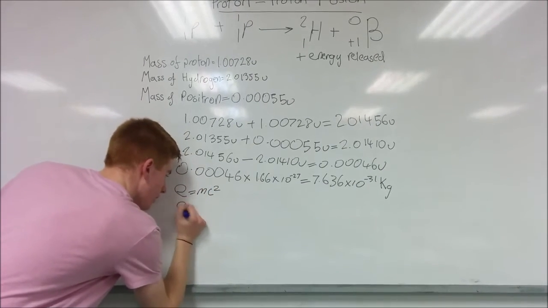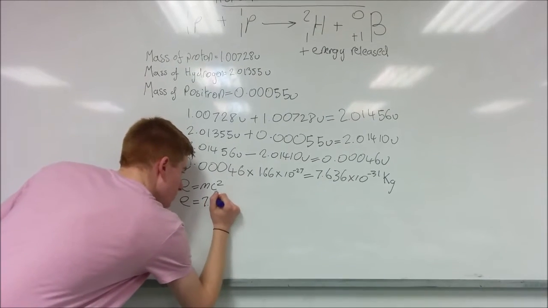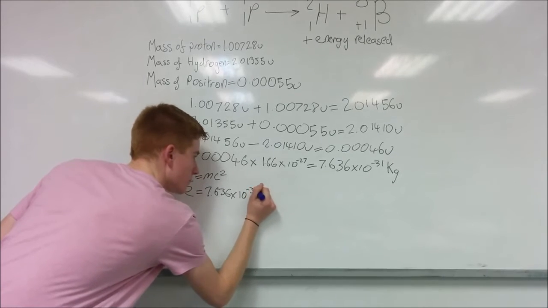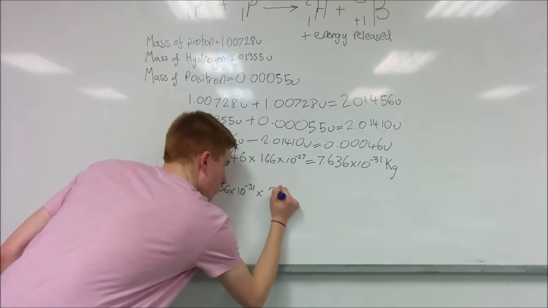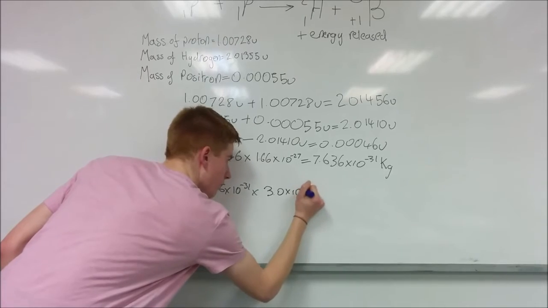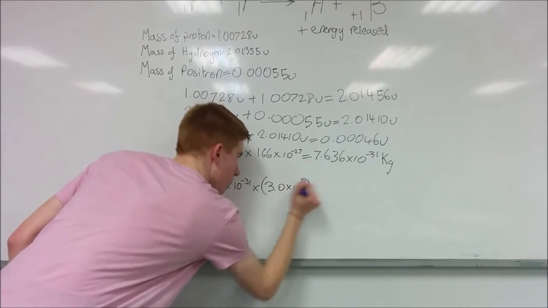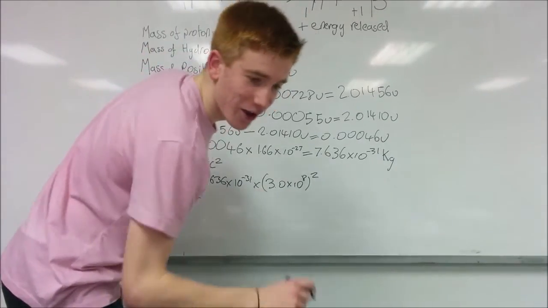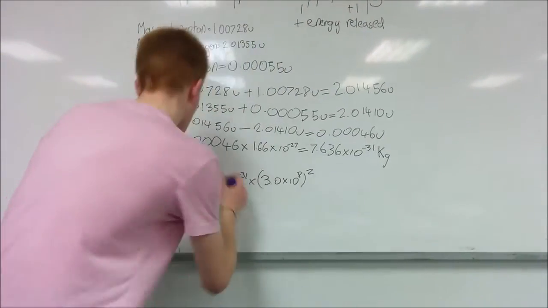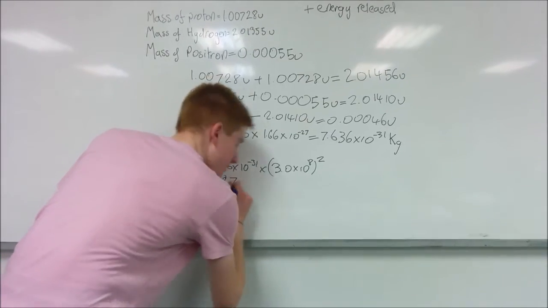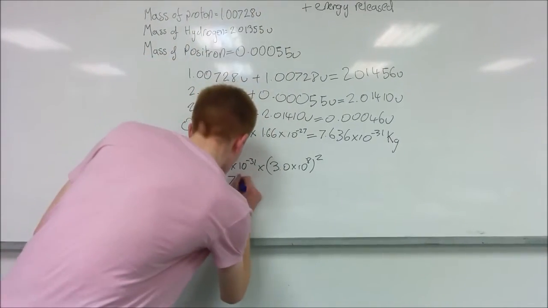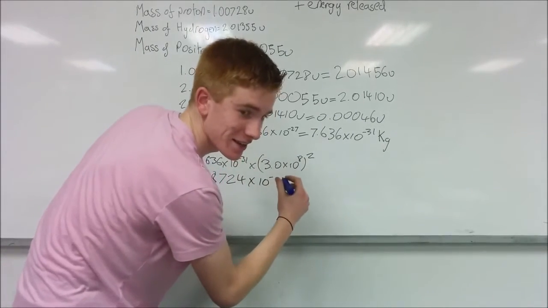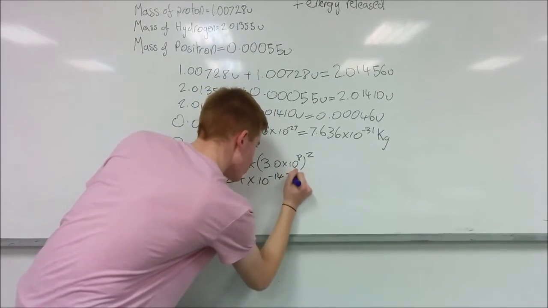So we do E equals 7.636 times 10 to the minus 31 times the speed of light squared, which comes to, once again in my head, 6.8724 times 10 to the minus 14 joules.